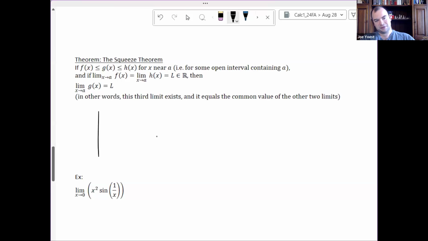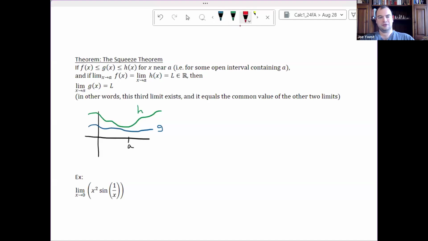So in other words, if I have a particular value a here, and I have h of x on top, and another function g that is below h, and another function f, maybe it crosses over here, but near a, it behaves.